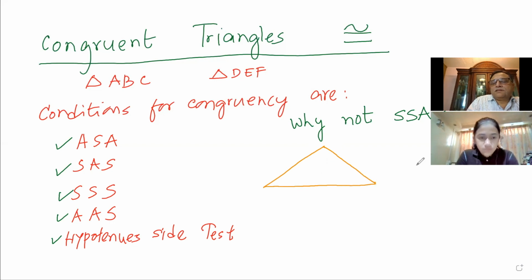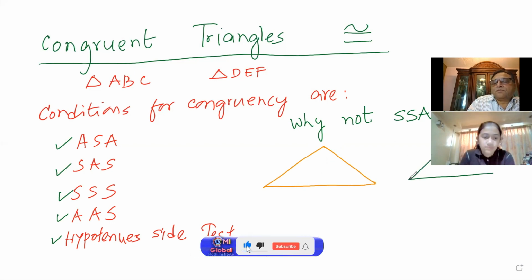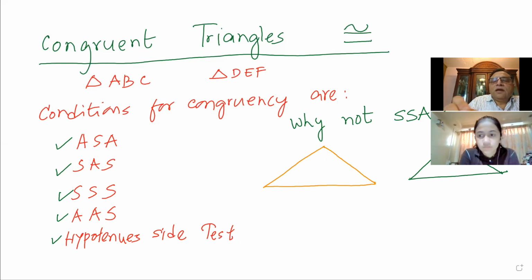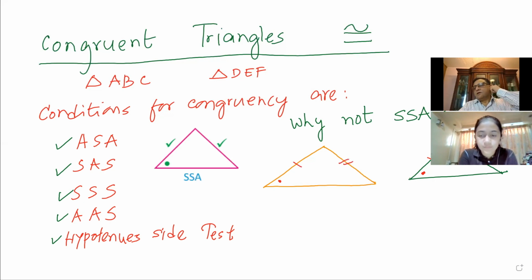Let's say this is one triangle and we have another triangle. And if I tell you that in these triangles we have an equal angle, and we have two sides equal, why are they not congruent?